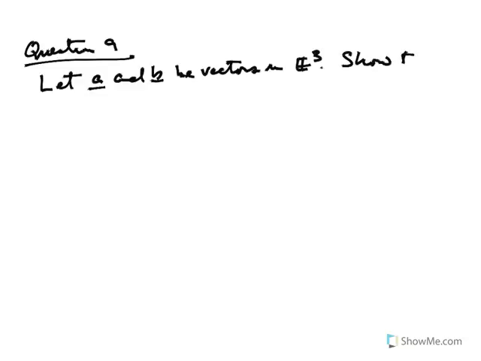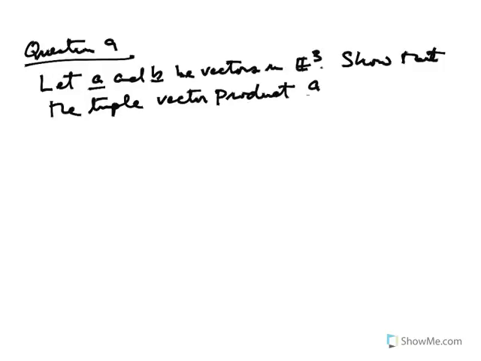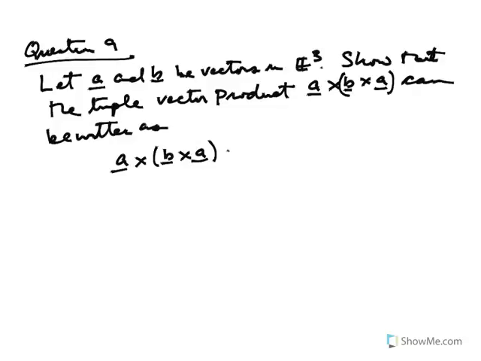Show that the vector triple product, or the triple vector product, A cross B cross A, can be written as A cross B cross A is equal to A dotted with A times B minus A dotted with B times A. So the solution to this problem is as follows.